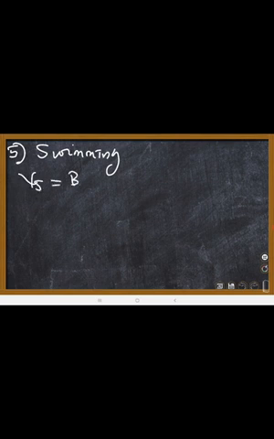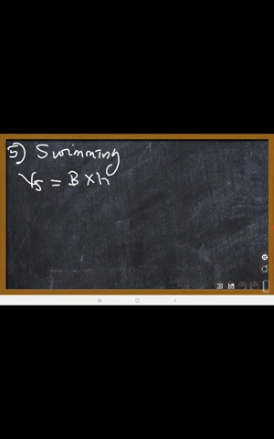Another example, let's call this number 5. The volume of a swimming pool. A swimming pool is an example of a trapezoidal-based pyramid. So the volume of a swimming pool is base area times height.